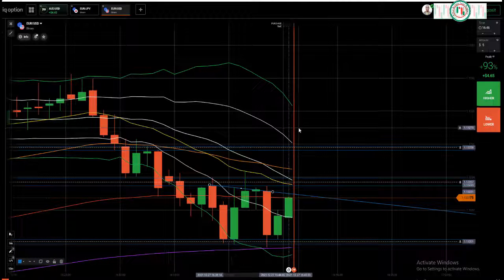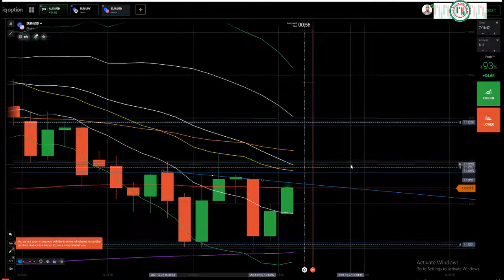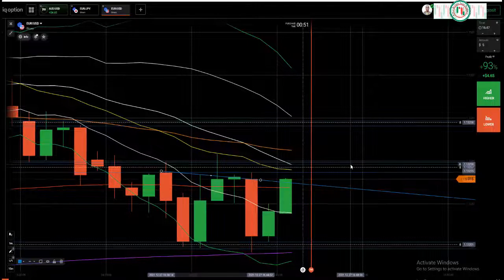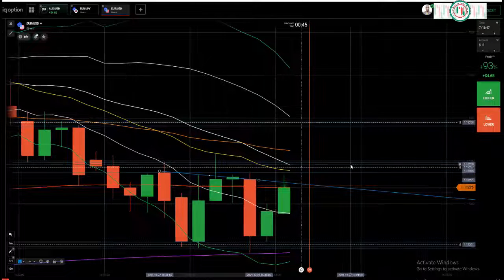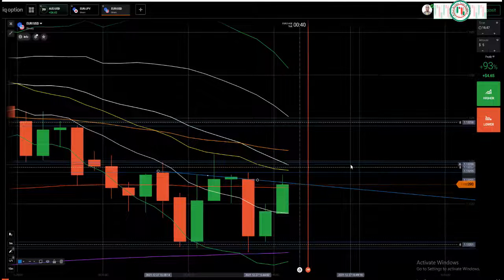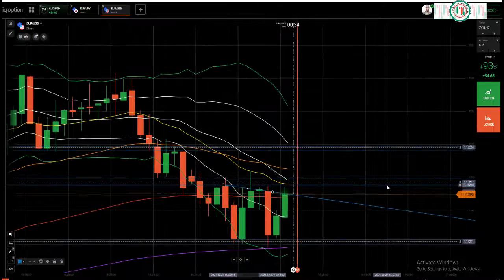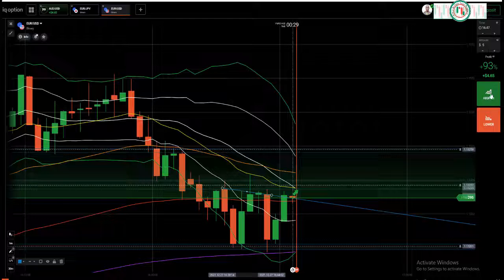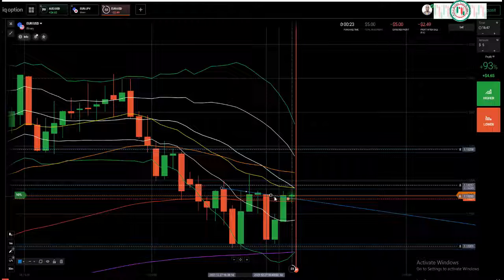Here, this is a trend line. Let's put option here because of this trend line.